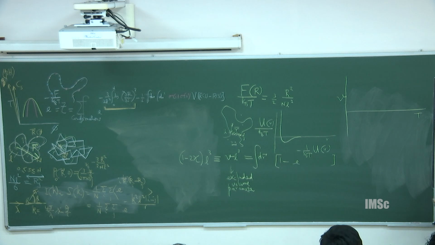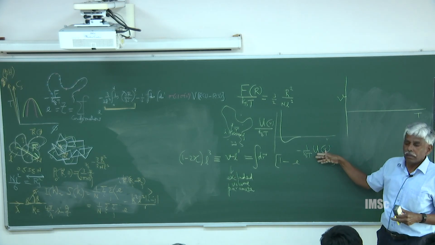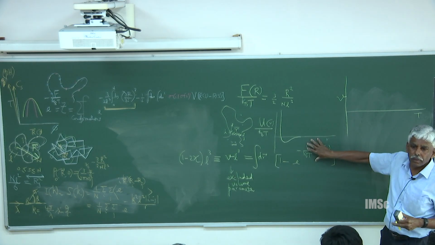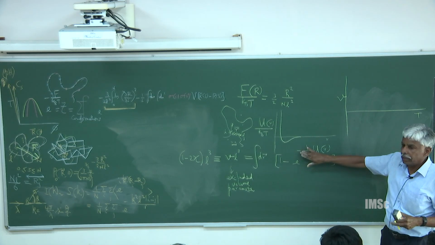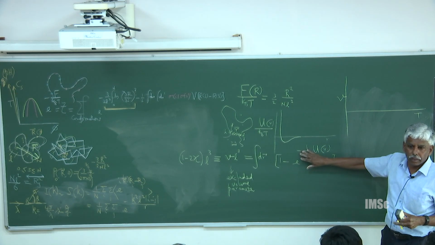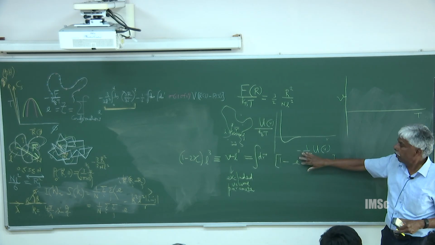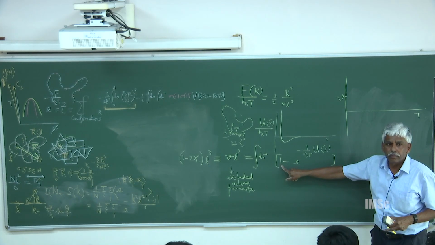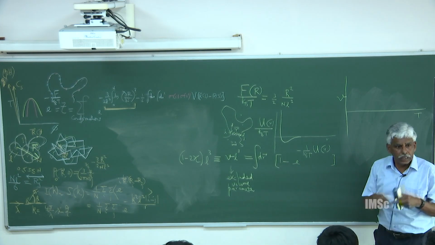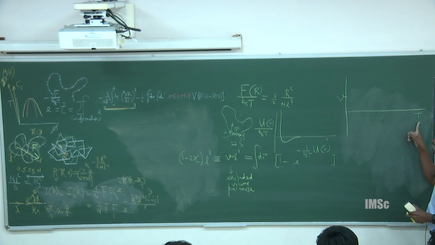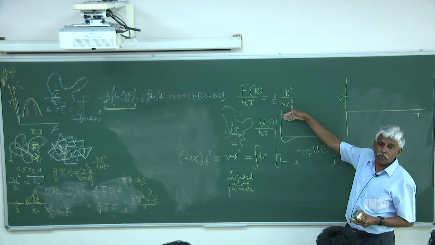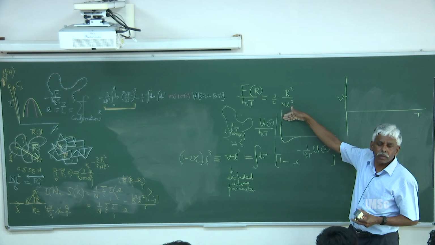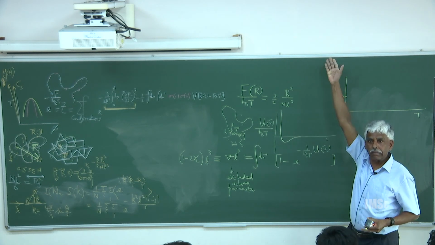So if the temperature is very high, I have 1 over temperature, so this is small. If this is small, e to the minus something is nothing. So this is going to dominate. Or the other way to look at it is, if the temperature is very high, only the repulsive potential is going to be felt, because it's like a gas instead of a liquid.